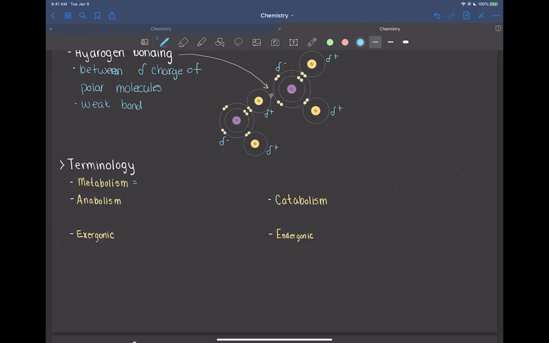However, the actual definition for metabolism is all of the chemical reactions in a cell. Down the line, this would affect how the body, collectively made up of all of these cells, is going to use energy. But if we're actually defining metabolism, it is all of the chemical reactions in a cell.